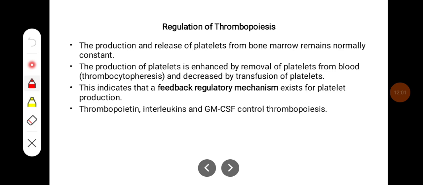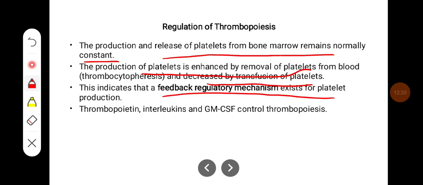The production and release of platelets from bone marrow remains normally constant. The production of platelets is enhanced by removal of platelets from the blood, that is thrombocytopheresis, and decreased by transfusion of platelets. So this indicates that a feedback regulatory mechanism exists for platelet production.